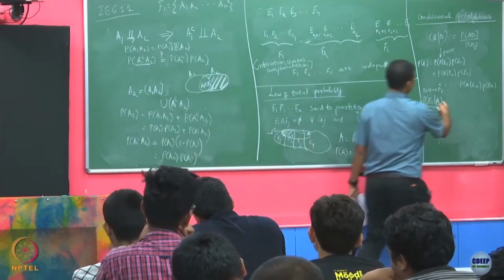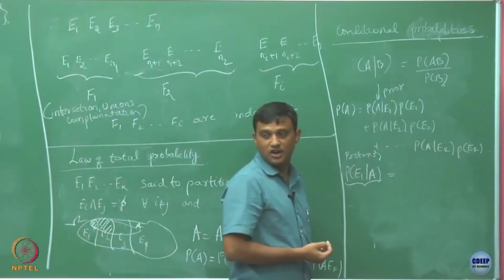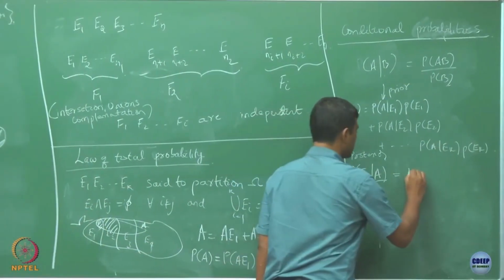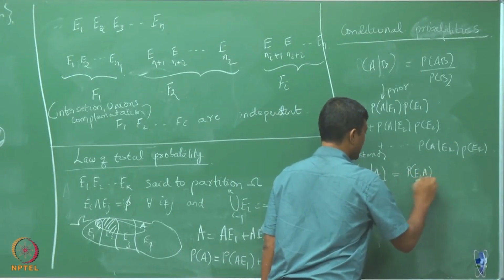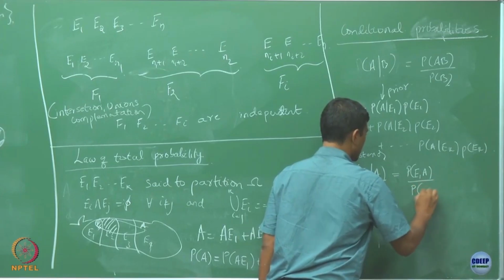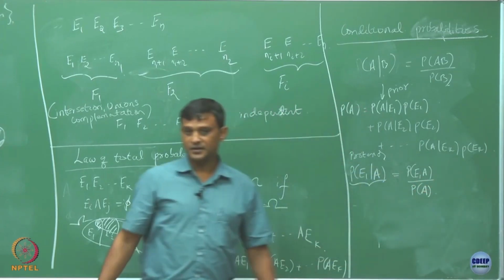This one I know already by the definition of conditional probability. This is probability of E1 and A divided by P of A, right?